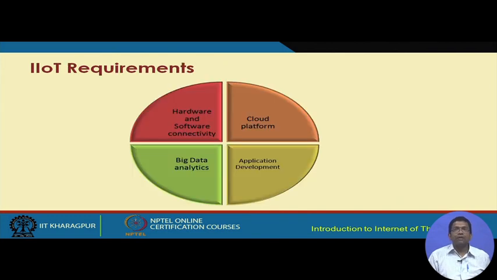Moving ahead, for building IIoT, there are 4 broad requirements. We need hardware and software connectivity, and we need a cloud platform. I already told you briefly about the necessity of cloud in the industrial sector and how cloud can help with respect to processing, infrastructure, data storage, and so on. Then we need application development and big data analytics. Big data analytics is very important.